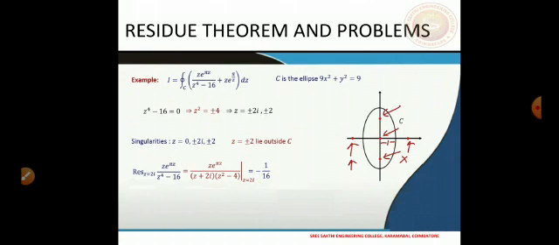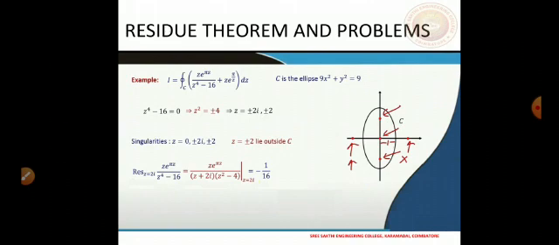So this is z equal to 2. Here we have z equal to minus 2. Then we have z equal to 2i, and then z equal to minus 2i. And there is another point here, z equal to 0.